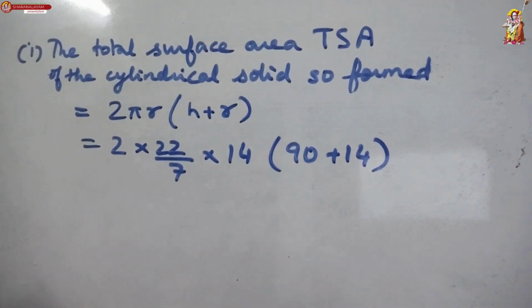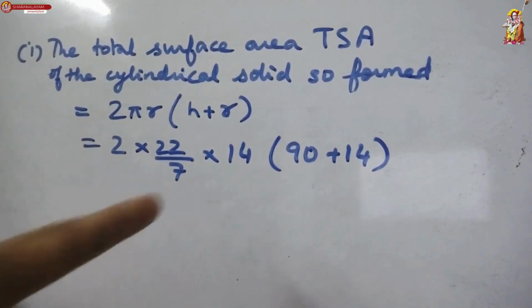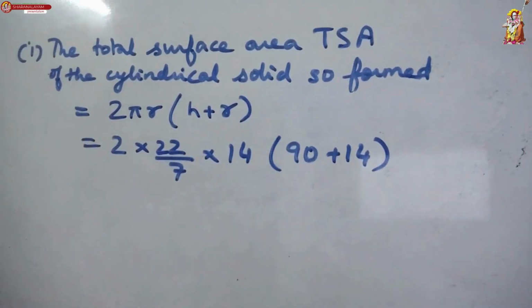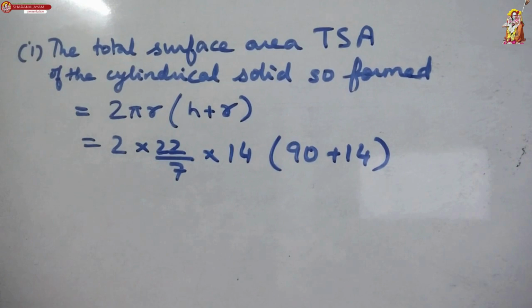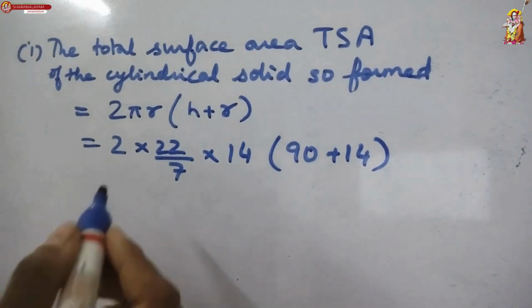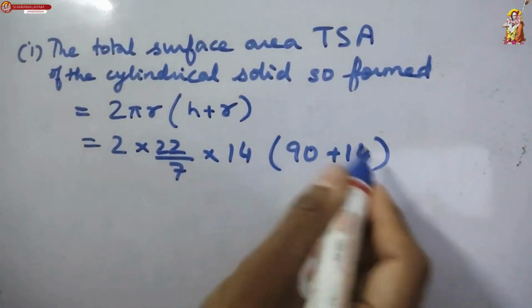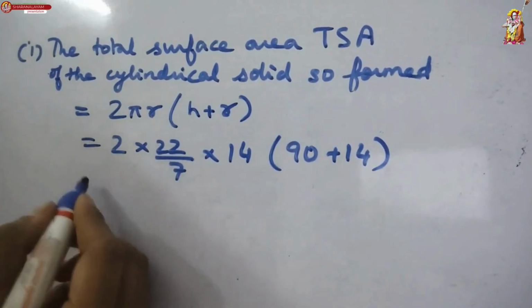Now we know the TSA of the cylindrical solid is 2 pi r into h plus r. Substituting the values, we have 2 into 22 upon 7 into 14 within brackets, height is 90 centimeters, radius is 14, right? So substituting those values, we have 2 into 22 upon 7 into 14 within brackets 90 plus 14.